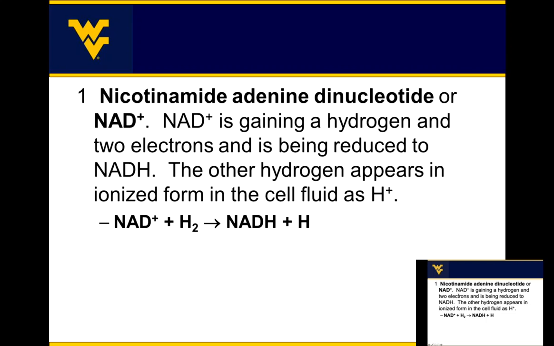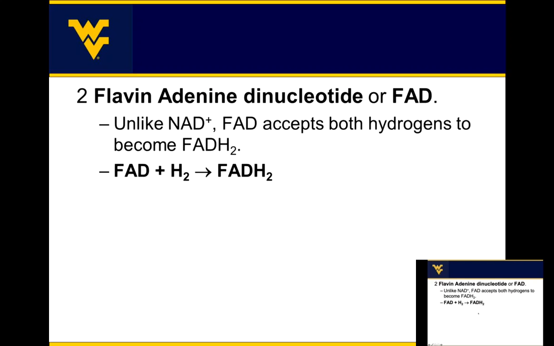So notice that NAD can be in the oxidized state or without the protons right here, and it can be in the reduced state. It actually binds to one of the two. The other one is flavin adenine dinucleotide, or a riboflavin derived coenzyme. Unlike NAD, it can actually pick up both of the protons.